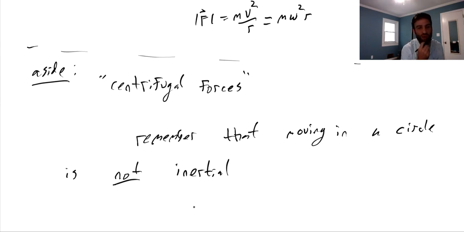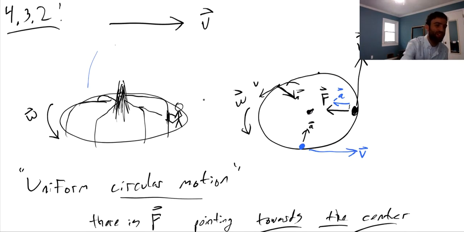Okay. So when you're in a non-inertial frame of reference, you do not agree that the same set of forces are acting as someone sitting in a different, inertial frame of reference, someone sitting outside, right? So to you, it feels like there's this centrifugal force. You're in an accelerating frame of reference, and you feel as if there's some additional force acting on you. The same thing holds in these carousels. You're moving in a circle, and you certainly feel like there's something pushing you outward. And that's why you have to hold on so tight in order not to go flying off.